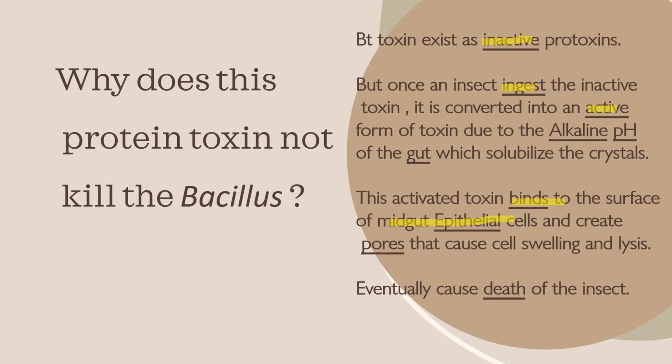So this is the mode of action of Bacillus thuringiensis toxin, or Bt toxin. Primarily it is produced as inactive protoxin, but after ingestion inside the insect gut, it is converted into active toxin due to the alkaline pH of the gut. This activated toxin binds to the epithelial cells and causes cell swelling and lysis of gut cells, which leads to the death of the insect.